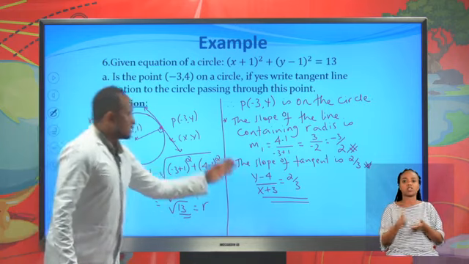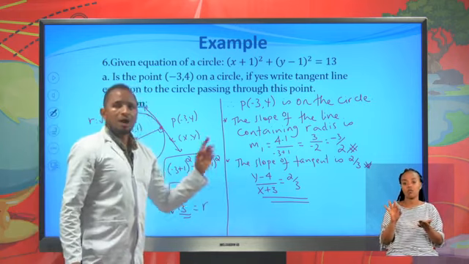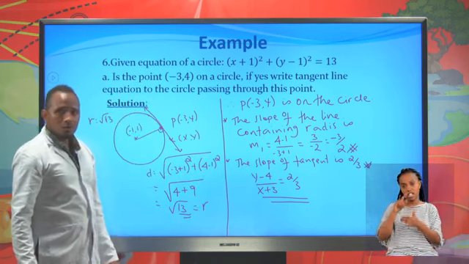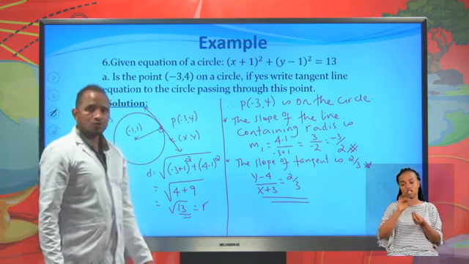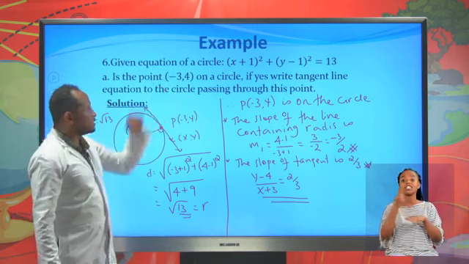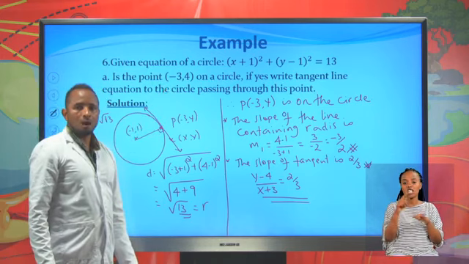This is the equation of the tangent line to the circle (x + 1)² + (y − 1)² = 13 at the point of tangency (−3, 4).